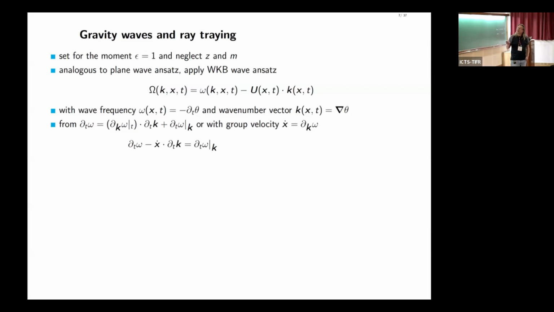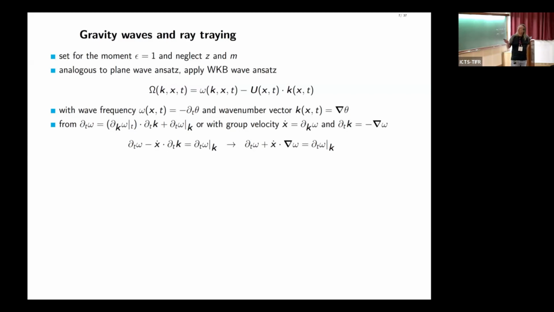So we replace this d omega by dk with the x dot, and we also bring it on the other side. And then the d omega by dt can be replaced with this relation here, with minus gradient omega. If you look at the definitions of wave number, if you take a d by dt here and a gradient here, you can see if you switch the derivative, you get the same thing, right?